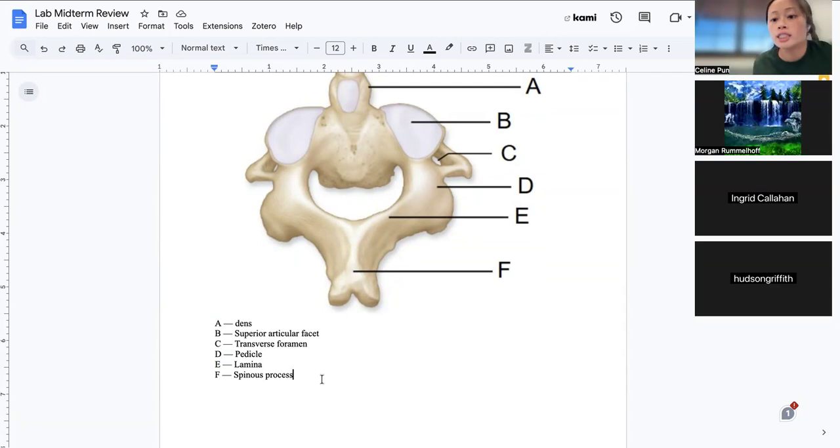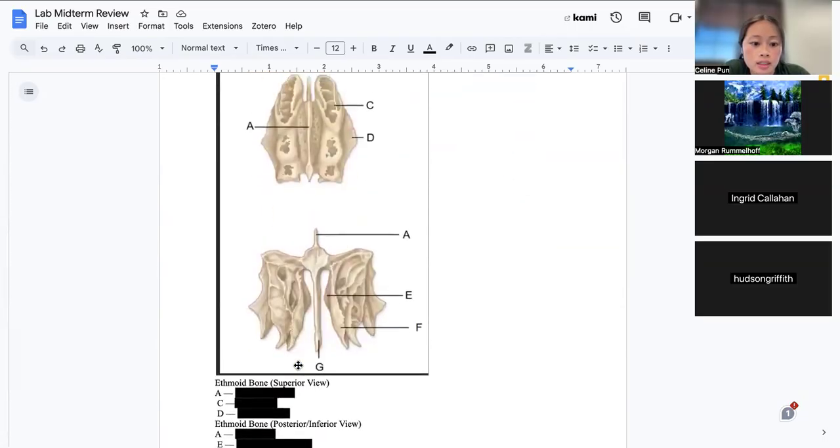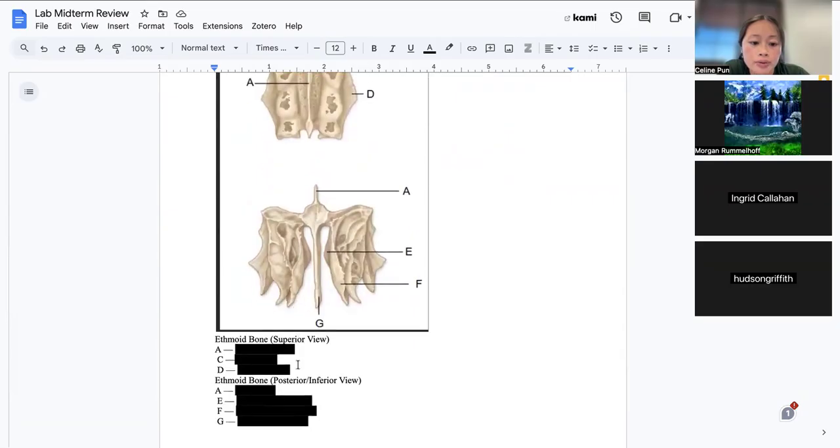Okay. Does anyone have any questions? Okay, we will move on. So this is the ethmoid bone.